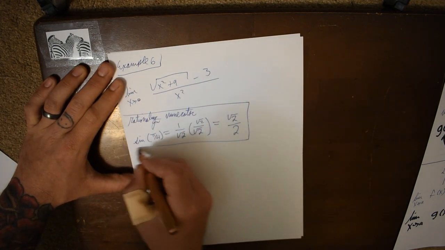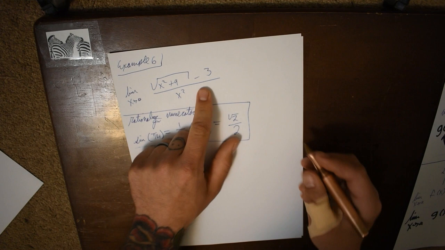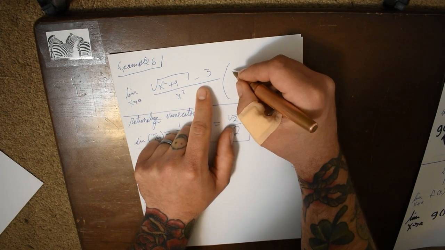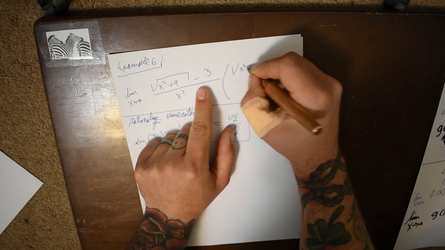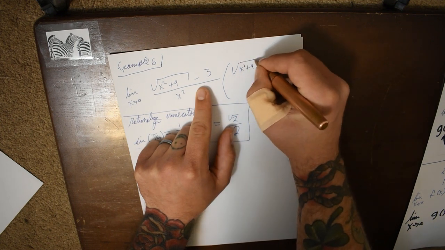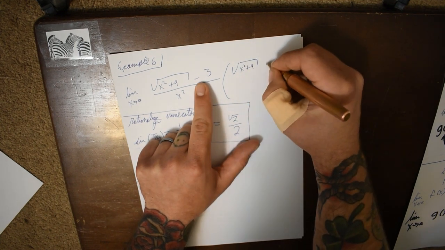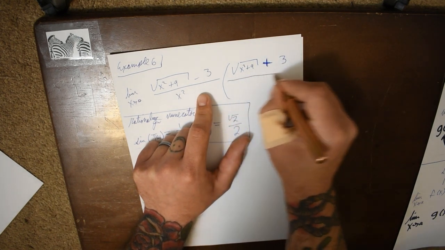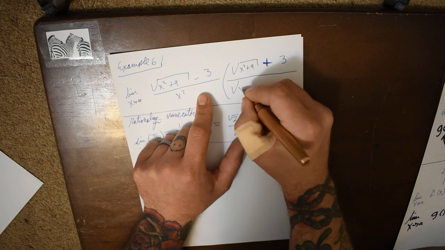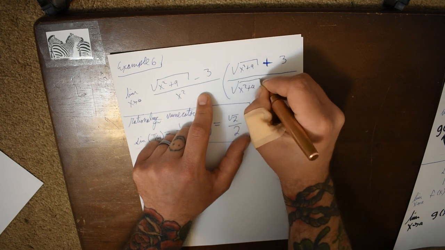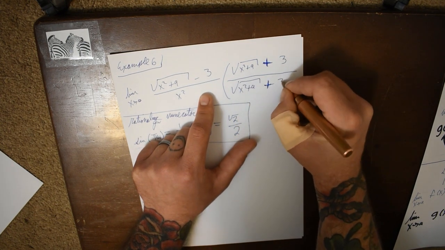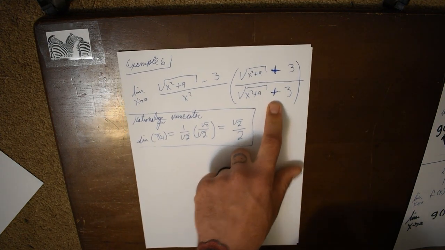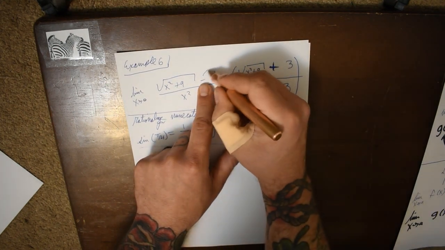I'm going to put that in a box. What we want to do is multiply the numerator, top and bottom, by the square root of x squared plus 9. That part hasn't changed, plus 3. Same thing, top and bottom. I drew a big plus sign to show you that this thing is switched.